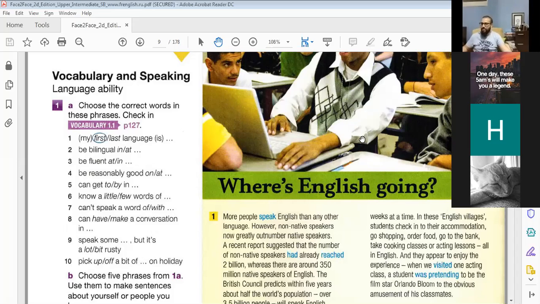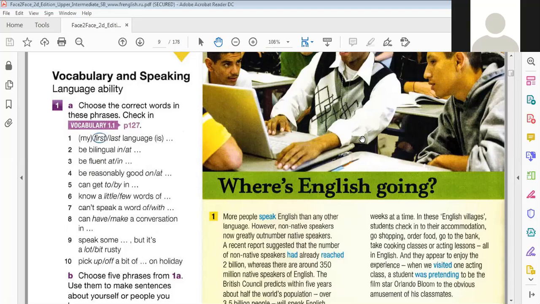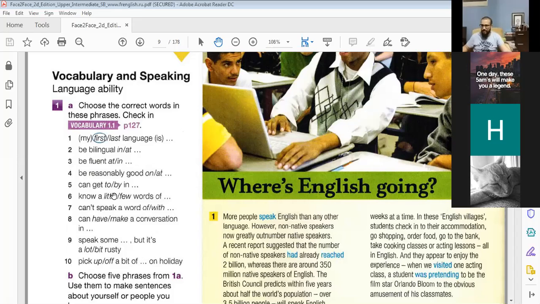Hajar, tell us a little bit about your story with English and how it started. You can pick a few points, maybe from these 10 points that can help you. Okay.